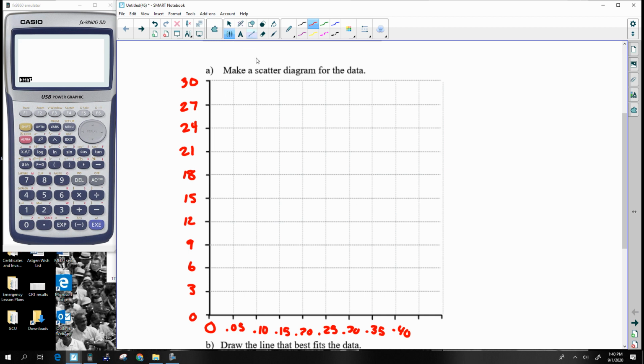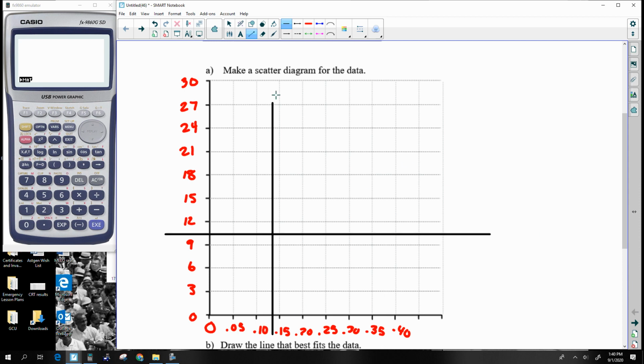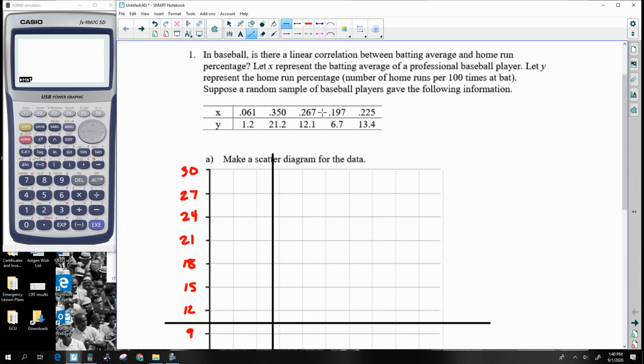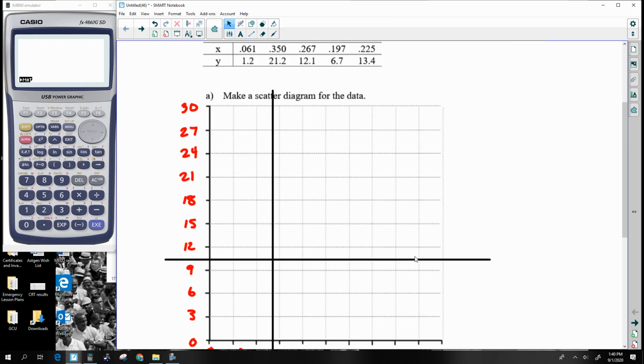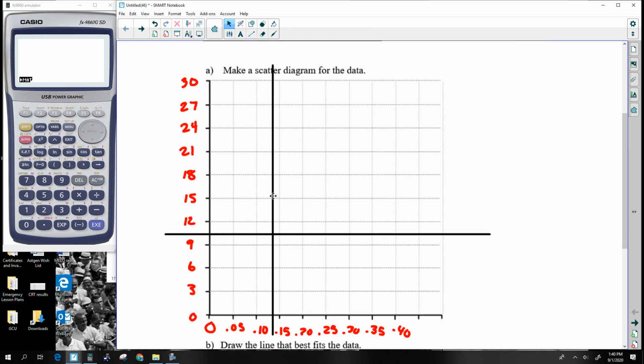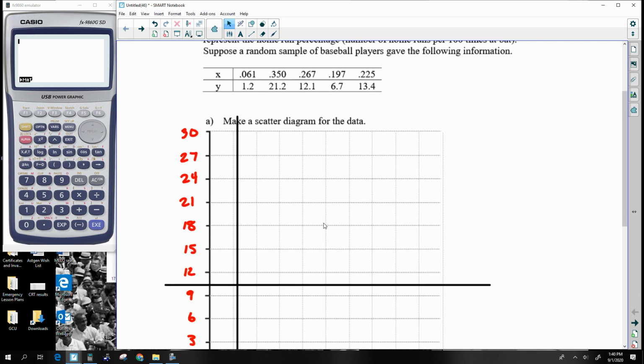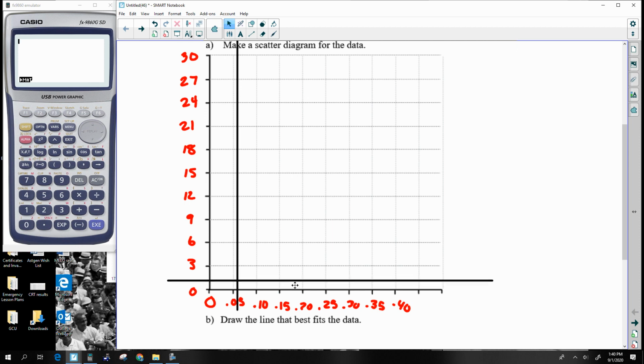Now again, I'm going to kind of cheat the system here, and give myself a couple bars so I can make a super accurate graph. So the first point needs to be at 0.06, 1.2. So this is 3, this is 2, this is 1, 1.2 would be somewhere around that ballpark.